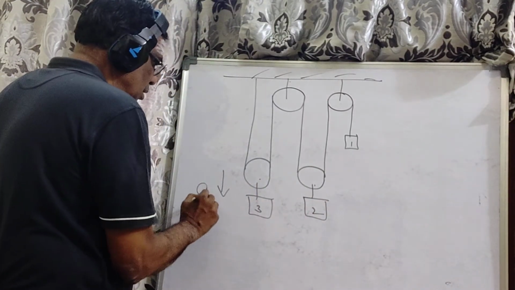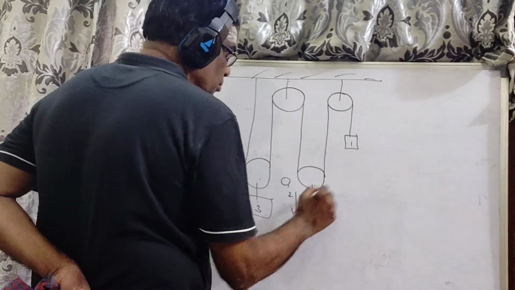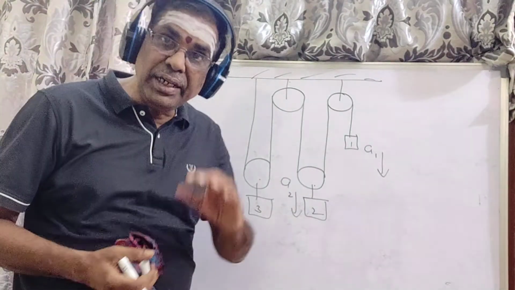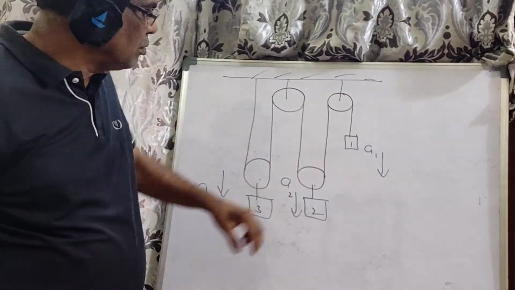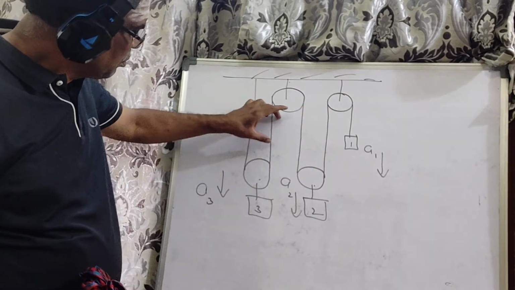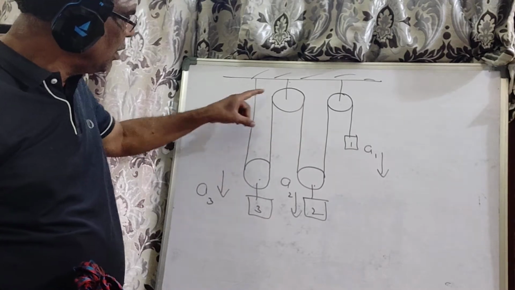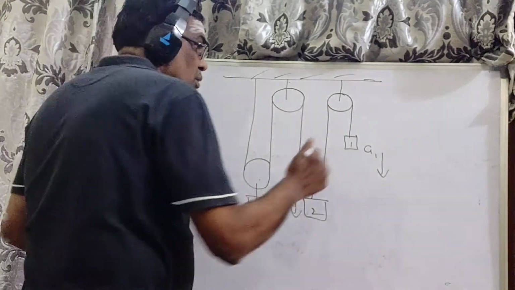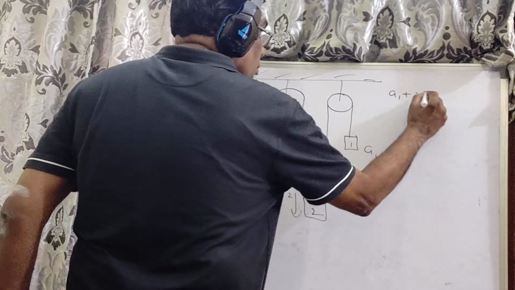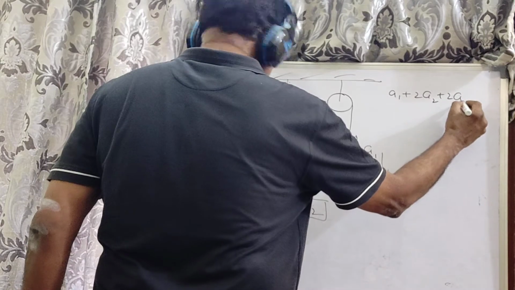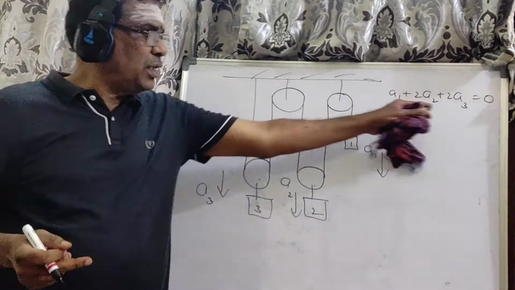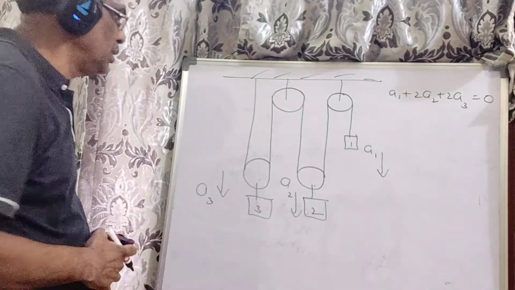As I said, you take everyone down. So how do you write now? Now it should be a little quick. Plus A1, plus A2, plus A2, plus A3, plus A3, because these are all zeros. So A1 plus 2A2 plus 2A3 is equal to 0. Let them give any number. This is how you have to write the constraint relation.